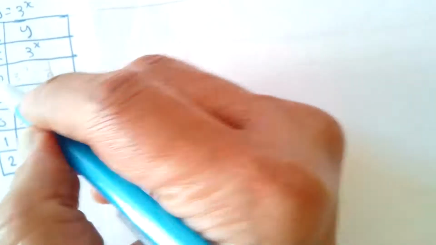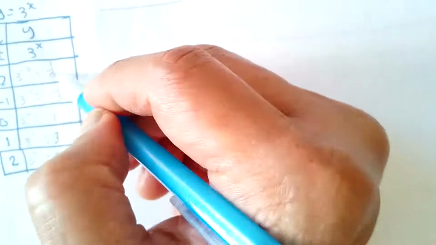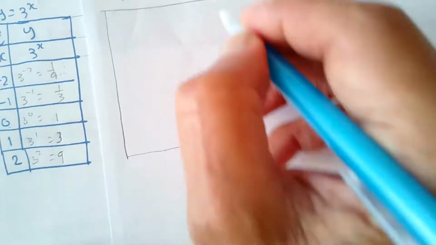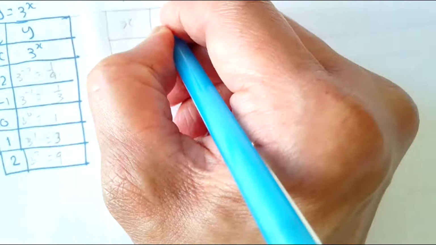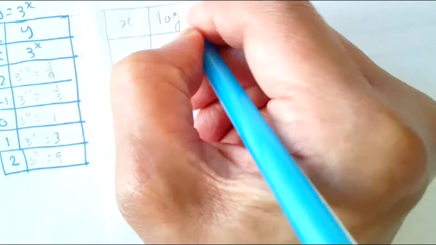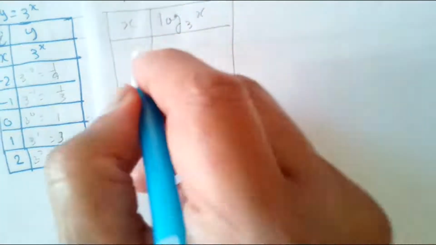So I'll switch these around. Basically, you're switching them around because it's the inverse. So I'll show you, it will get easily calculated. So we have for x, and we have log base 3 of x here.